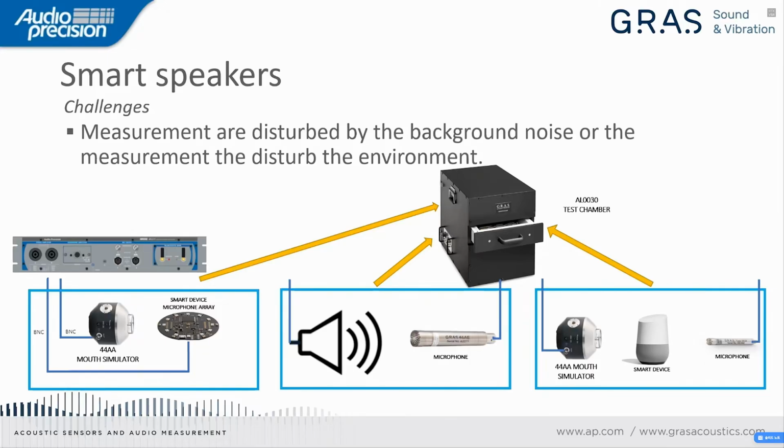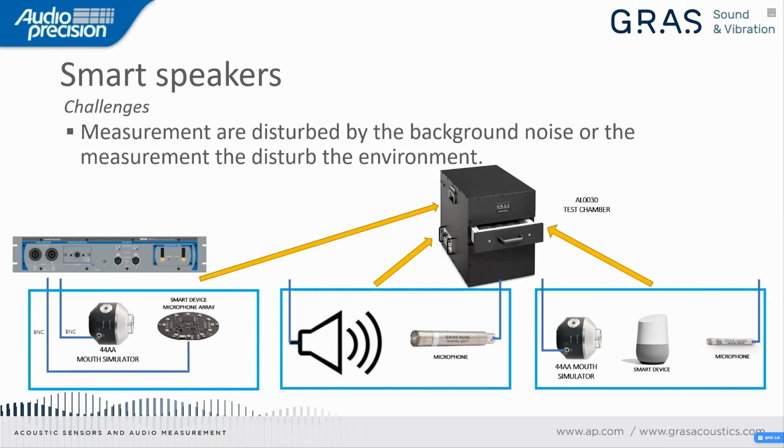It means we can do a test of our microphone array in a test chamber. We can do a test of the speaker unit itself in a test chamber, or we can do a test of the complete smart speaker in a test chamber.